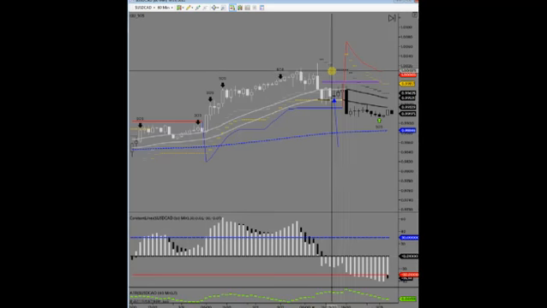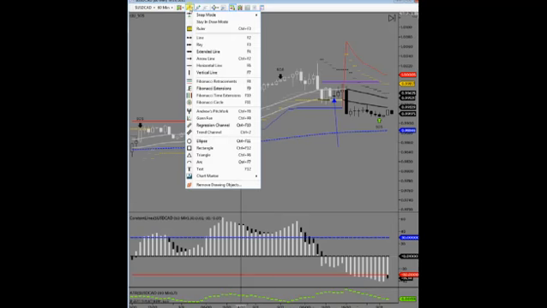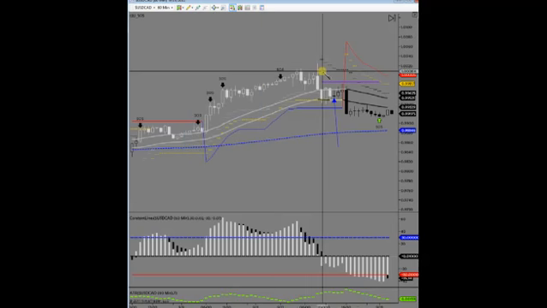Just call it 84. And then right about here for the second target, with stops below this blue line.